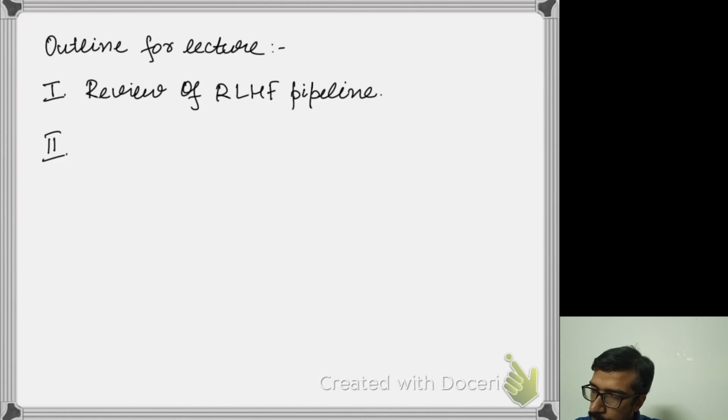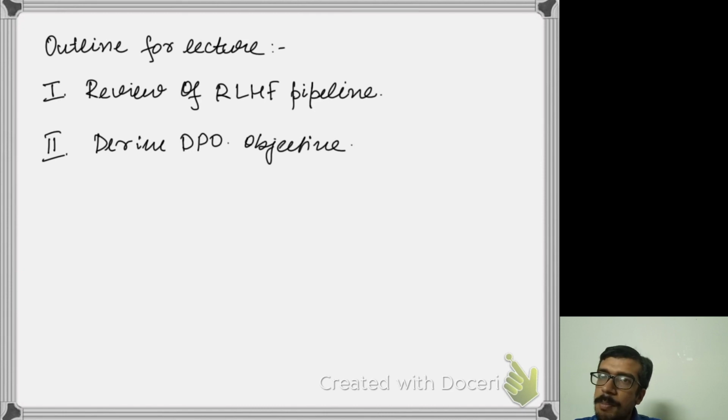Next, we'll derive the DPO objective by deriving a closed form solution for the optimal policy in terms of reward, and then we'll do some basic theoretical analysis on the above.